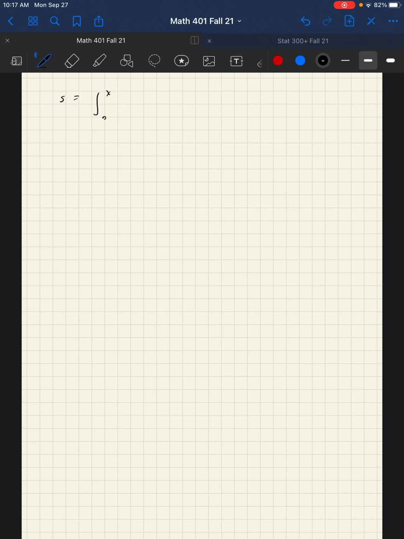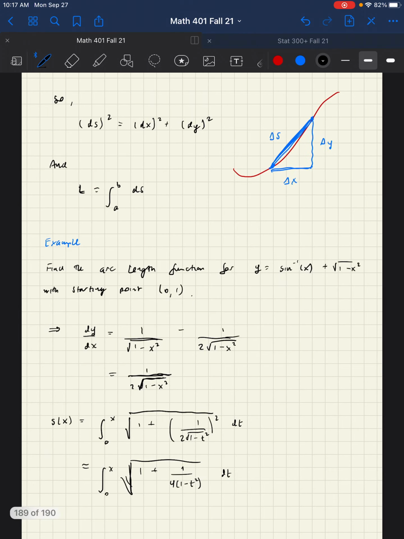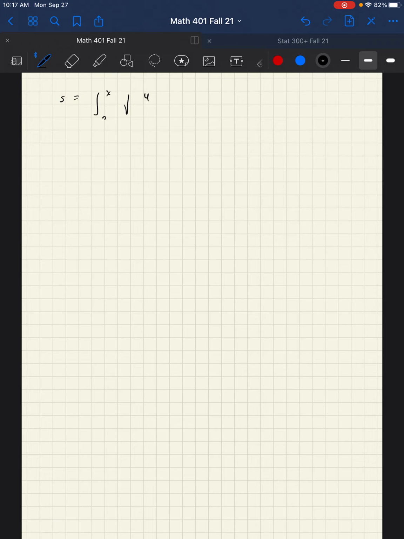Okay. And then we can combine things here so that we can write this as a single expression. So remember, s literally equals the integral from 0 to x of square root of, and I'm going to combine this. So I'm going to multiply 1 by 4, 1 minus t squared over 4, 1 minus t squared, minus t squared, 4, 1 minus t squared, minus 1 over 4, 1 minus t squared, dt.